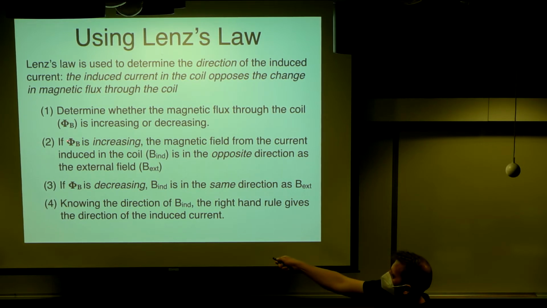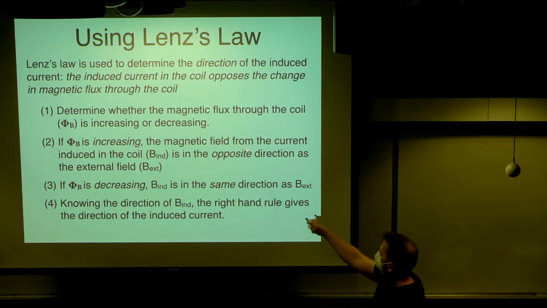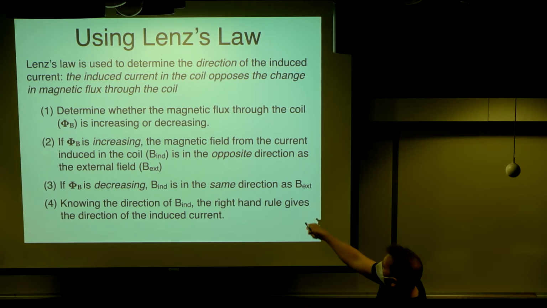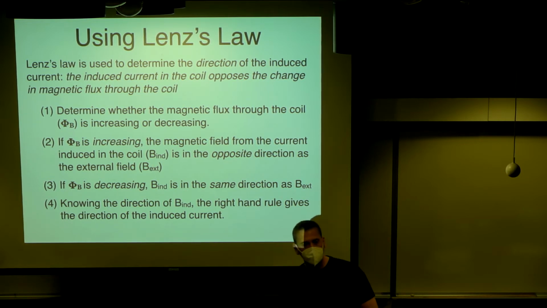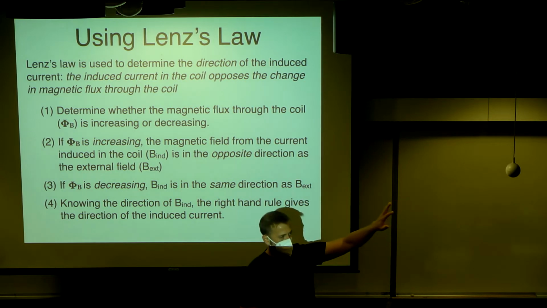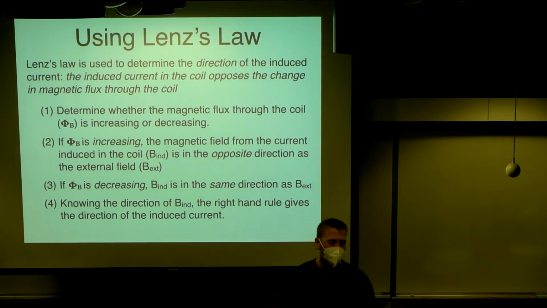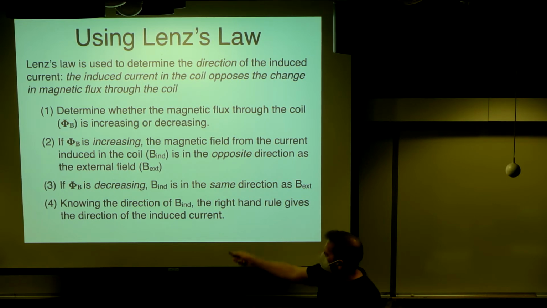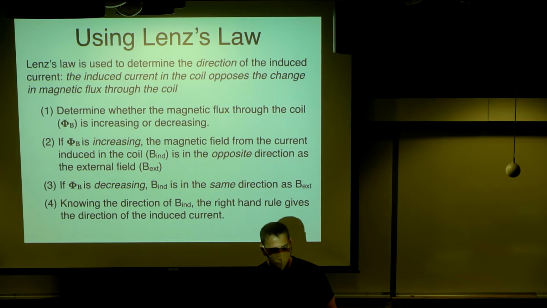if we've determined that our flux is increasing, that means some current in our coil is going to be induced that's going in the opposite direction as our external B field. Okay, so think about this, right? We have some B field that is just going through our coil, right? Then we call that B external. That's what we're going to call it.